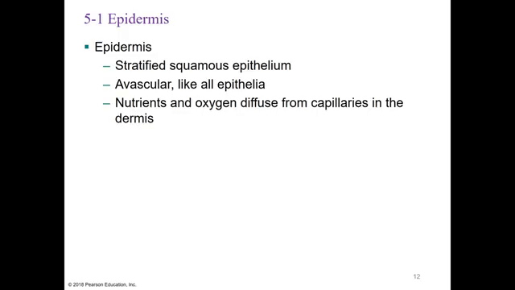And epithelium, again, lines or covers internal and external body surfaces. It is avascular, so no blood vessels in it, which is true for all epithelia. So nutrients and oxygen must diffuse into the epithelium from capillaries in the dermis, which would be below the epidermis.